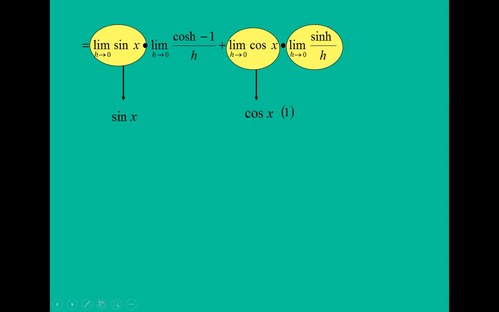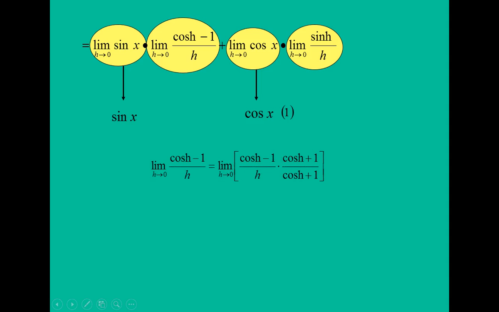So let's see if we can find this limit of the cosine of h minus 1 divided by h as h goes to 0. If we use direct substitution, we would get 0 over 0. So we're going to have to try one of the techniques we've learned. Let's multiply by the conjugate of the numerator.